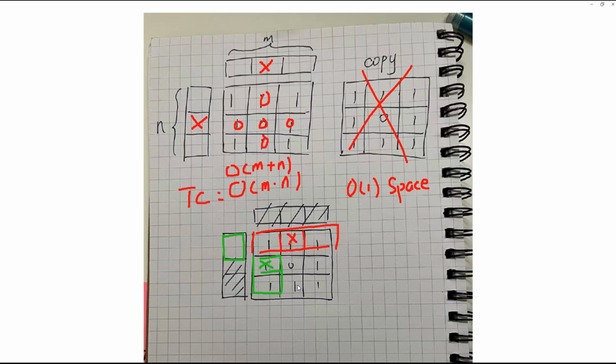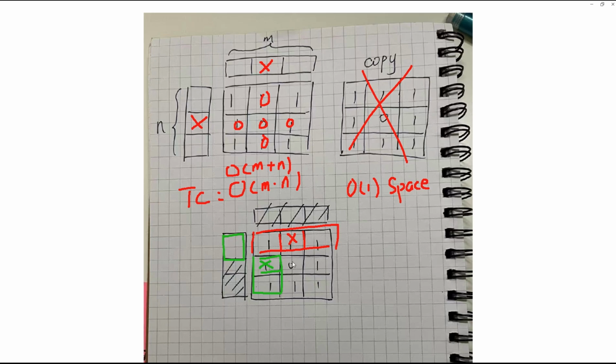So how does this solution work? Every time we mark a cell in the matrix, we are overwriting this element. However, different from what we have done in the previous video, we are not overwriting an element that has not been visited. In this way, the element that has been overwritten will not affect other elements in the future.